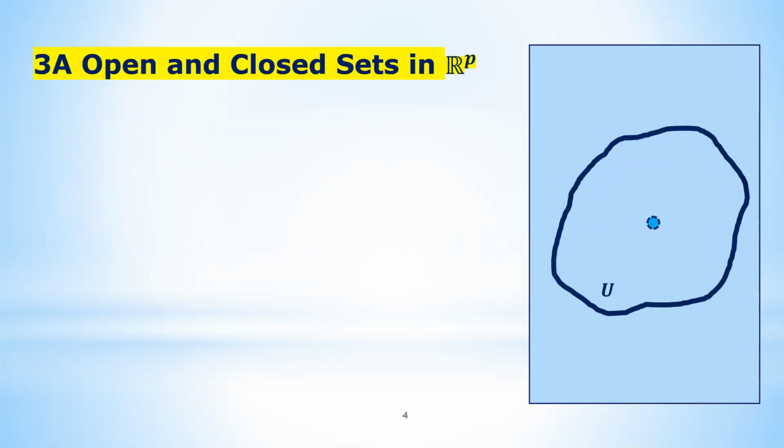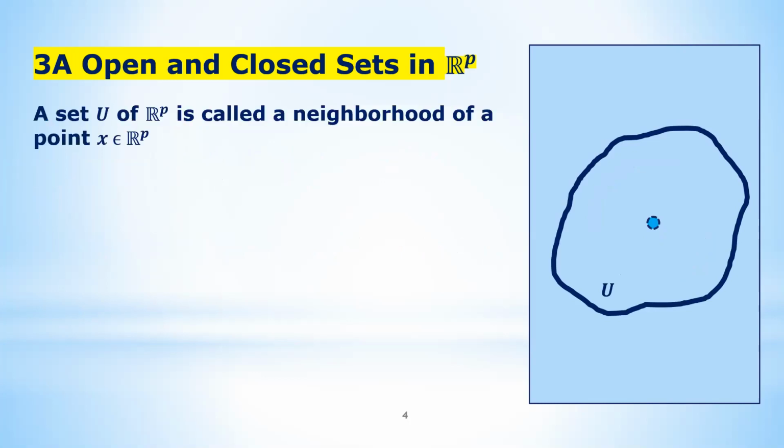The next thing we want to talk about is a neighborhood of a point x. In some sense this concept is not necessary, but I just introduce what we mean by a neighborhood of x.